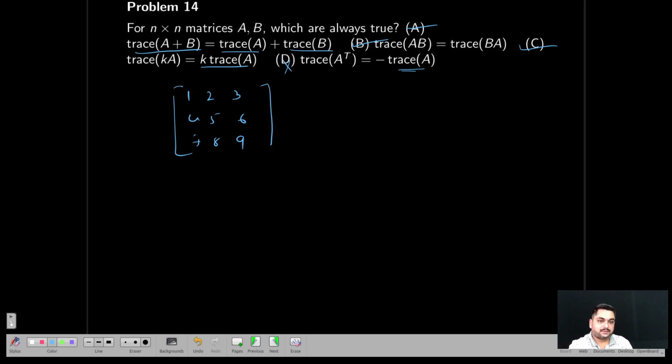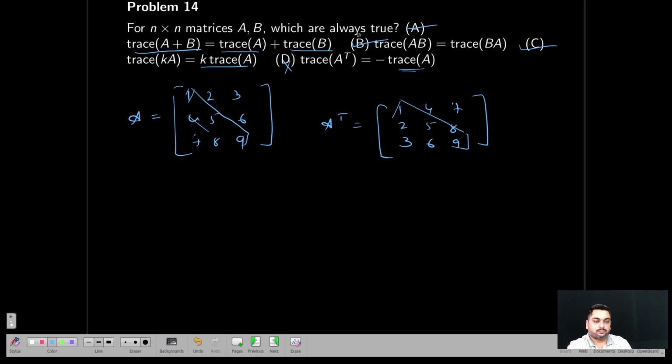This is my matrix A. If I take A transpose, the diagonal elements remain same. That means the trace of both matrices will be same. So this is not true.